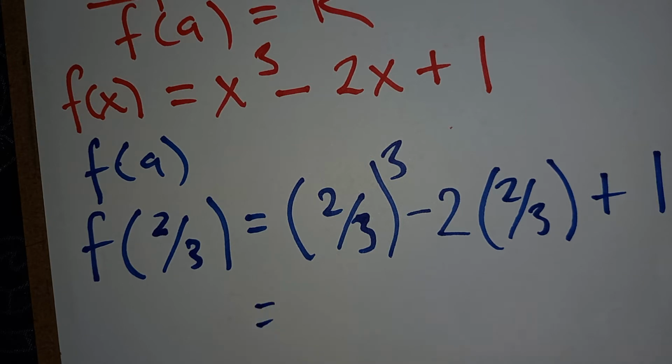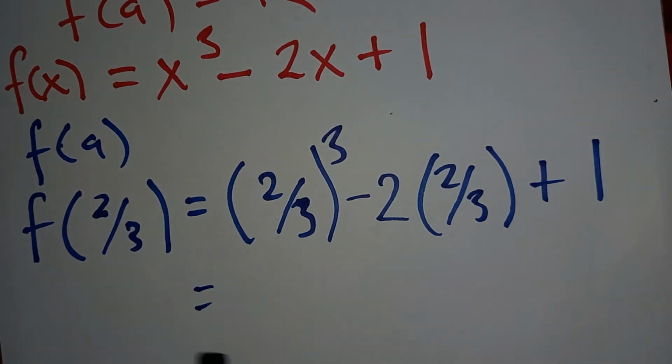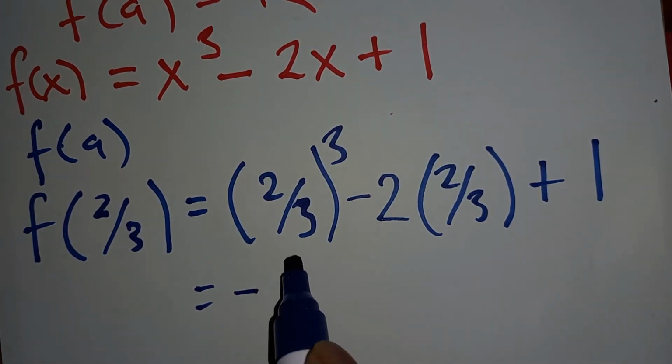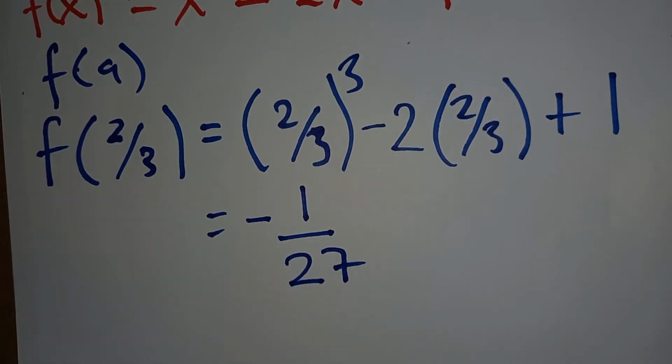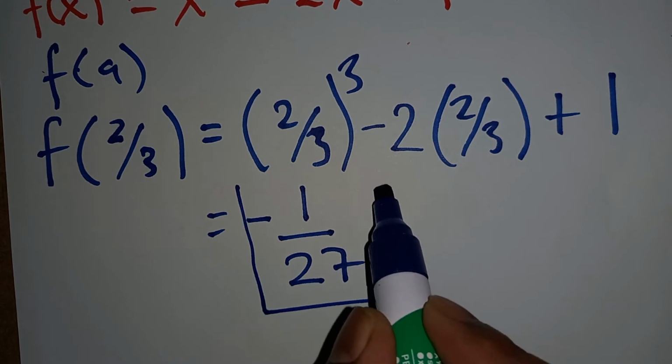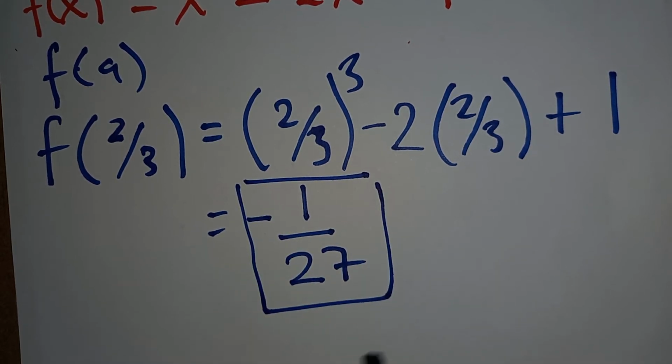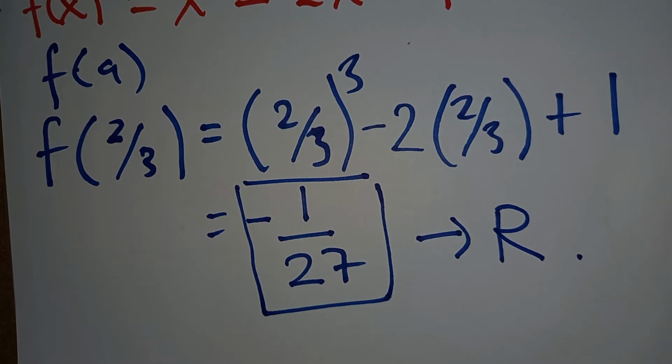Evaluate all this, use a calculator, and you'll get your answer as negative 1 over 27. Now negative 1 over 27 is your value of r, or the remainder.